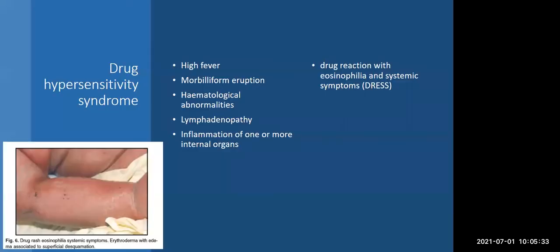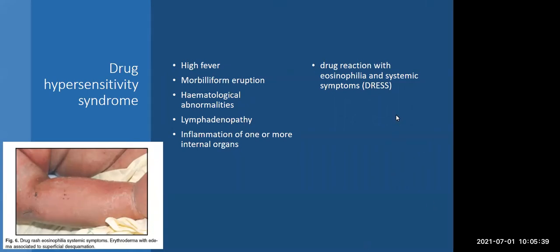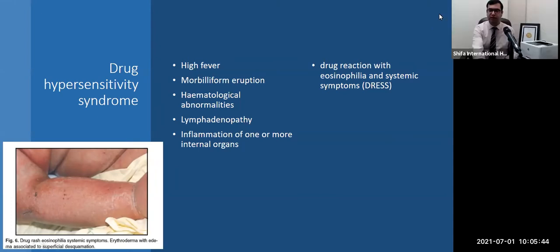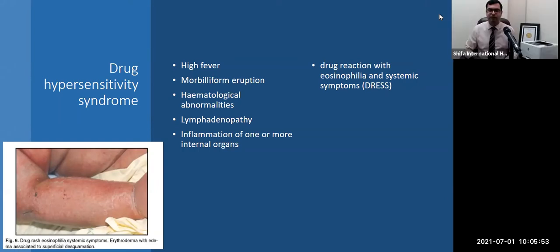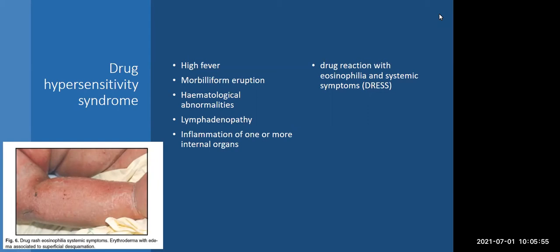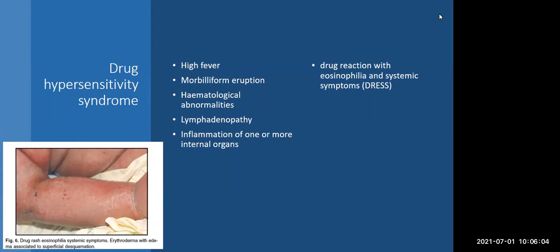Now, with regards to drug hypersensitivity syndrome, what we label as DRESS is slightly more focused on hematological involvement and systemic involvement, including eosinophilia and lymphadenopathy. DRESS in itself, or drug hypersensitivity, has high fever. So just think about systemic involvement.